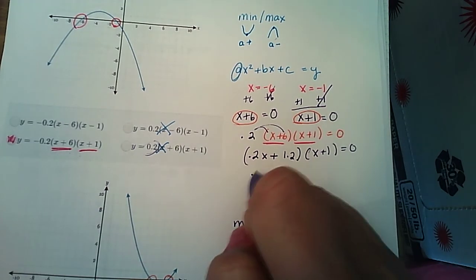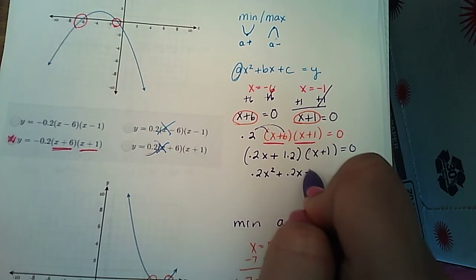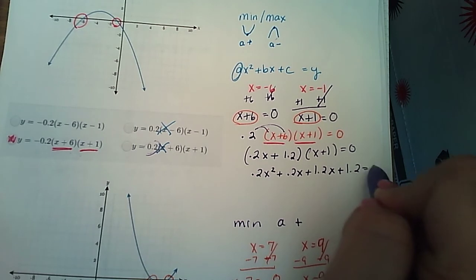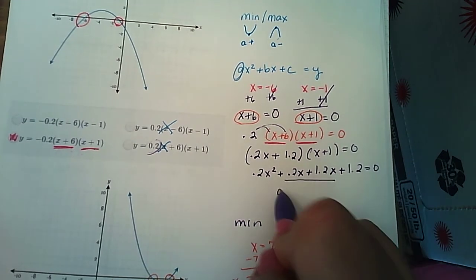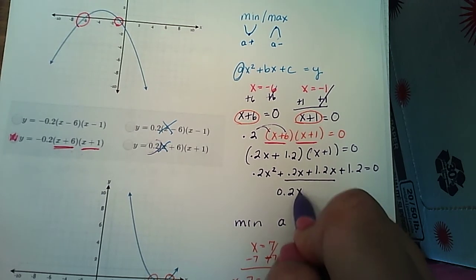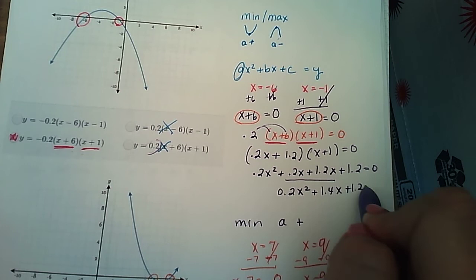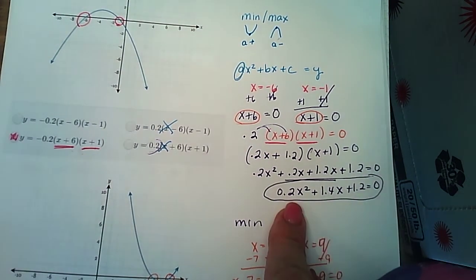So I have 0.2x squared plus 0.2x plus 1.2x plus 1.2 equaling 0. I'm going to add my middle piece together. And this would be the equation right here of my graph. All I have to do is FOIL it.